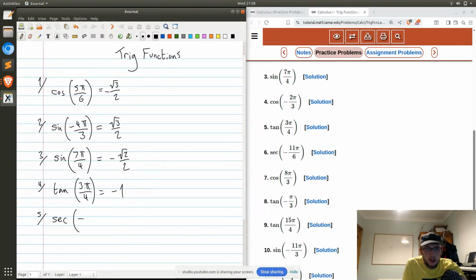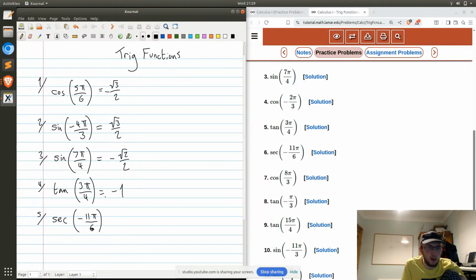Secant of negative 11 pi over 6. So straight away, I go to cosine in my mind. Okay. Go to cosine. Okay, so root 3 over 2.